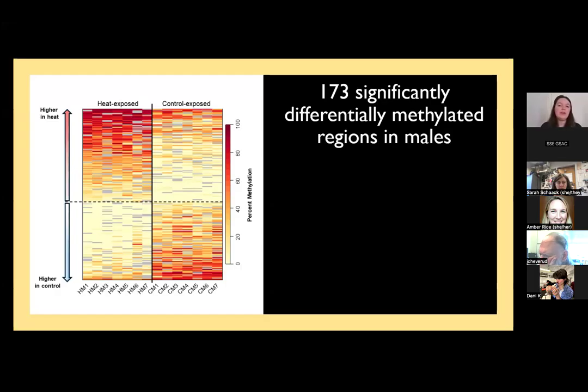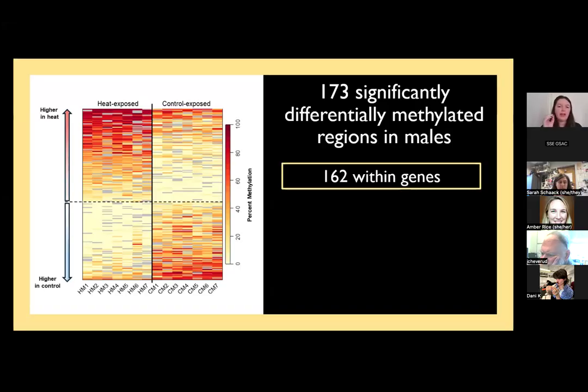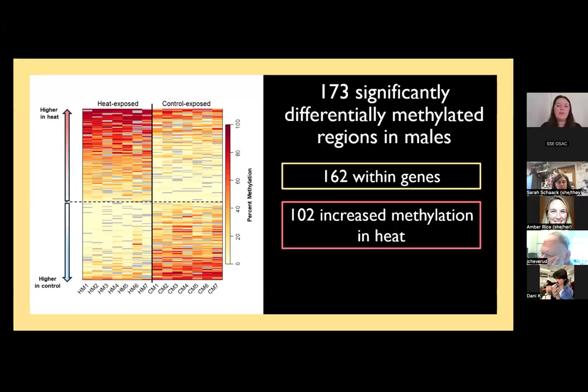And we can see that there are 173 significantly differentially methylated regions in males. As we predicted, the majority of them occurred within genes, so in exons or introns of genes, and the majority of them increased in methylation following heat exposure.